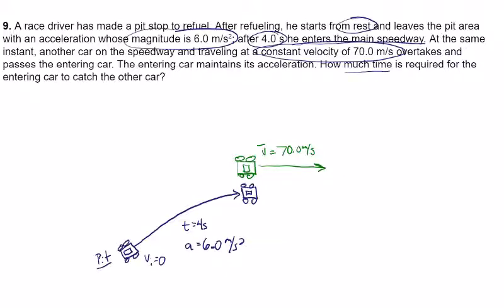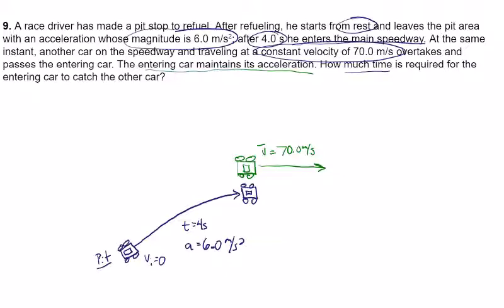What we want to know is if the entering car maintains its acceleration, this green car is going to pass him. So if you've ever turned onto a road and all of a sudden another car goes flying by you, then you know you're going so much slower and they've got a faster speed, so they're going to go flying by. But if you were to take off after him, eventually you could catch him.